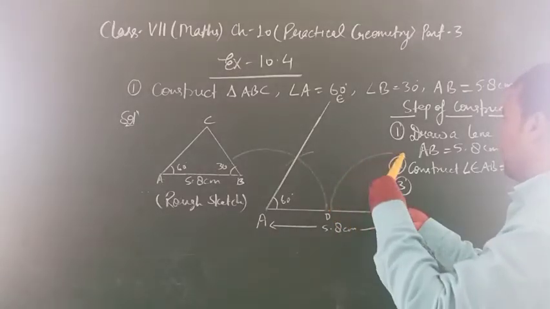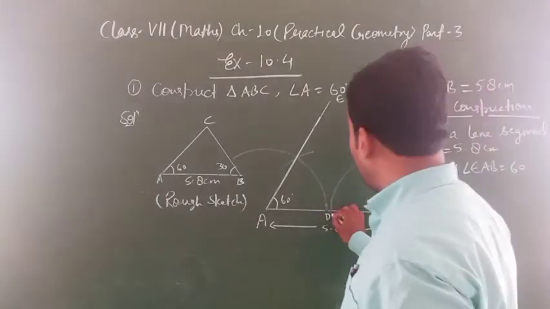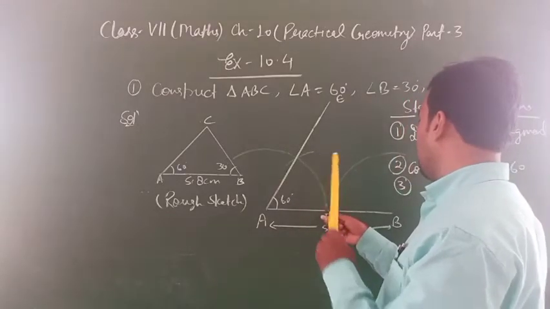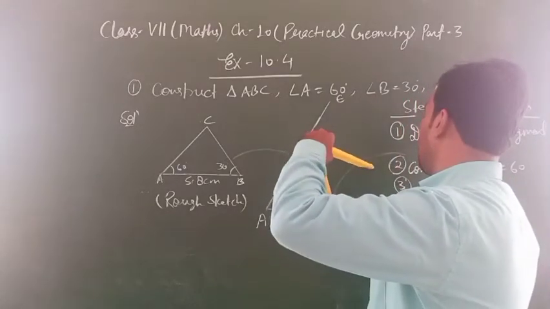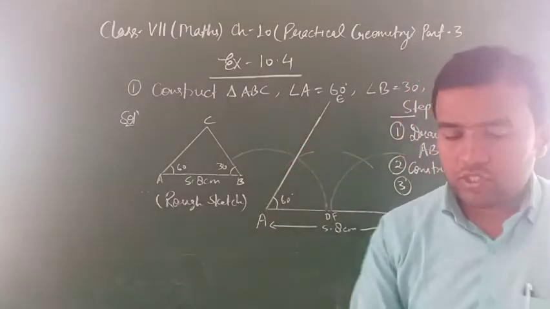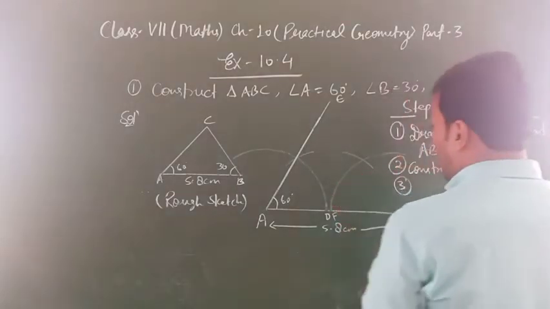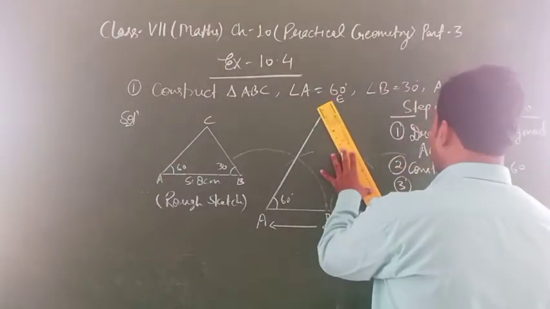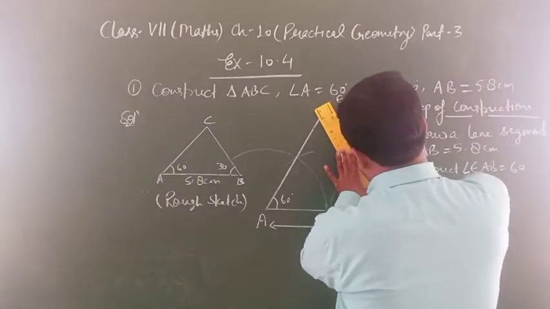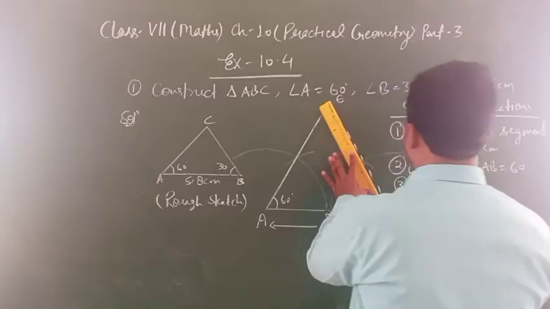Okay. So it is F. This name is F. So first we will make a 60-degree angle. Clear? Angle B how much? It is asking 30 degrees. So we will make a dotted line. Dotted line. Clear? It is temporary.